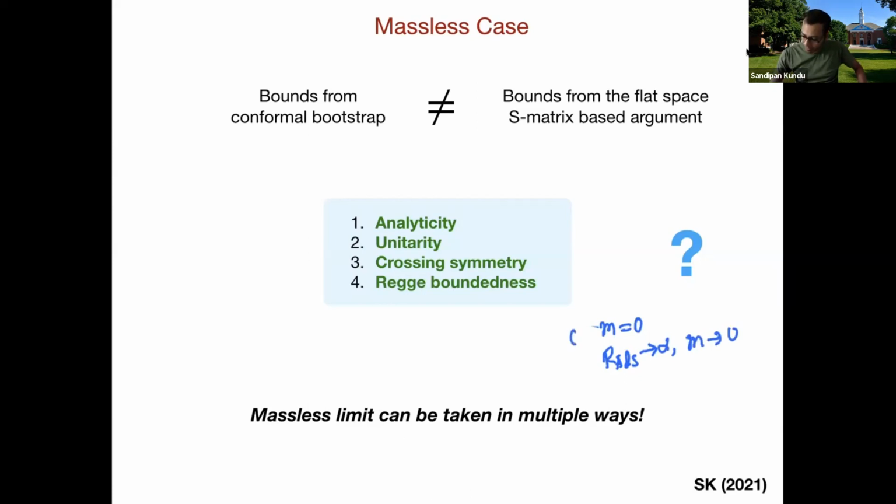The first possibility is just taking the mass to be 0 to begin with. The second is to take the mass to be small first, then take R_AdS to be large, then take the limit that the mass is small. And the third is a combined version of this: I can take m to 0 and R_AdS to infinity together with the product fixed.